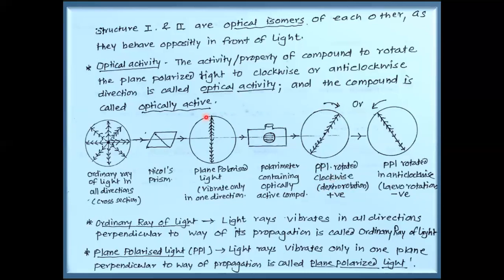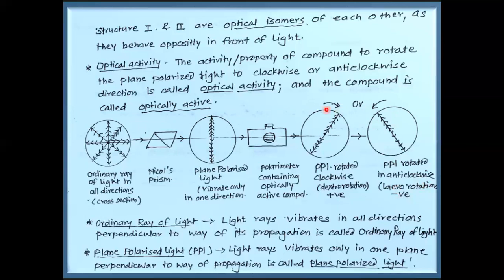So the plane polarized light, which vibrates in a single direction, gets rotated to the clockwise or anti-clockwise direction. If it is rotated to the anti-clockwise direction, then it is called levo rotation. Anti-clockwise, levo, or negative. Levo means left side.